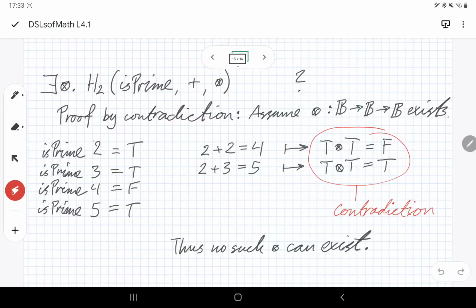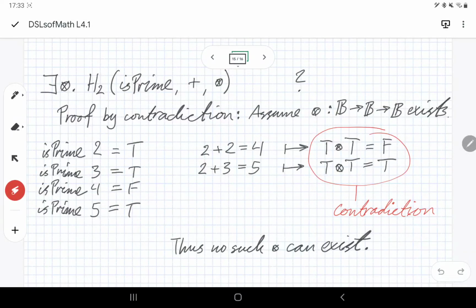So if you just sum up the notes before, the key here was to get to a contradiction from identifying a few cases, the primeness of 2, the primeness of 3, and then the 2 plus 2 and 2 plus 3 being 4 and 5, and saying that even though these two map to the same value, the sums were mapped to different values.